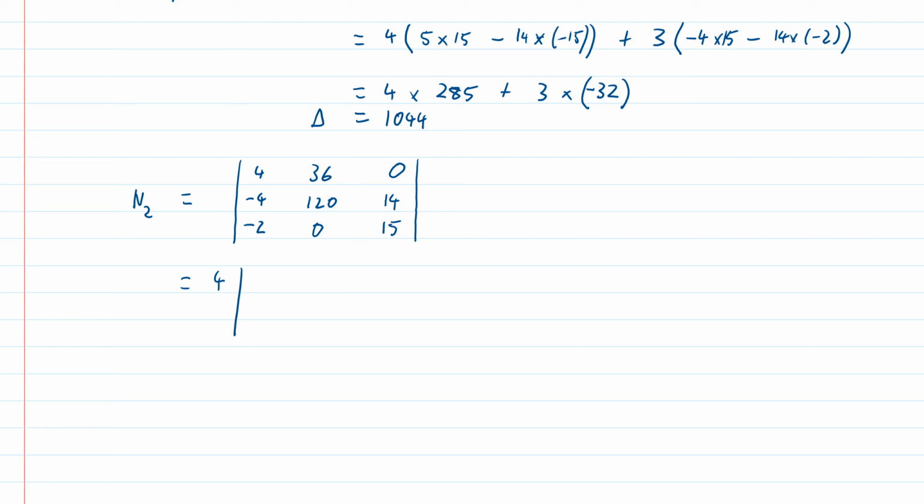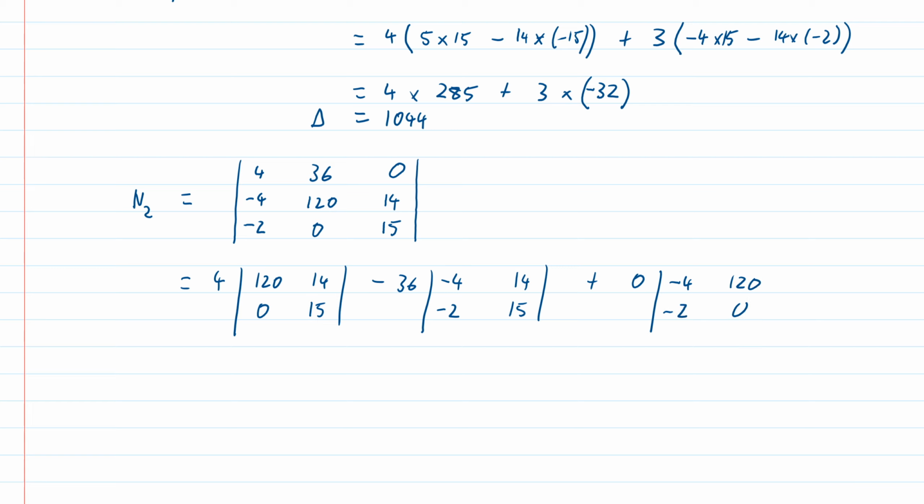So that's 4 times the determinant of the matrix in the other diagonal corner, minus 36 times this matrix that I get with the other columns. So that's a minus 4 and a 14 and a minus 2 and a 15. And then finally a plus 0 times the determinant of this other matrix. I'll just write it out so you can see the pattern.